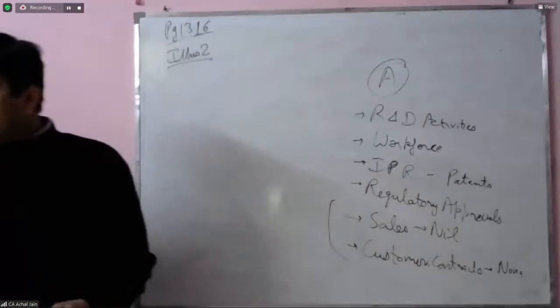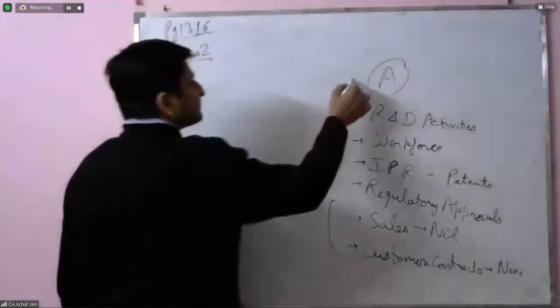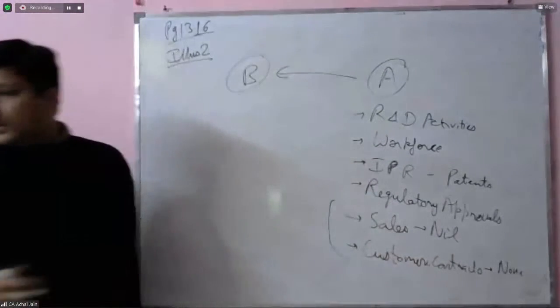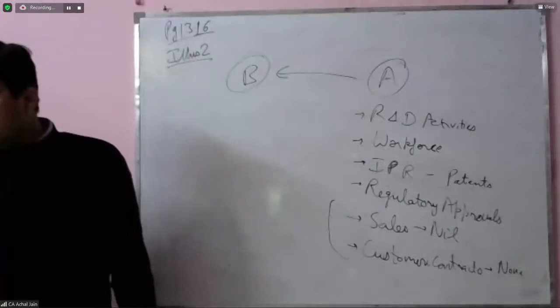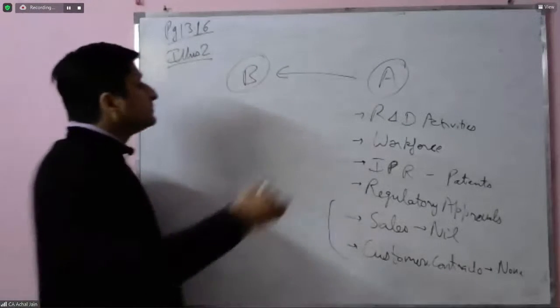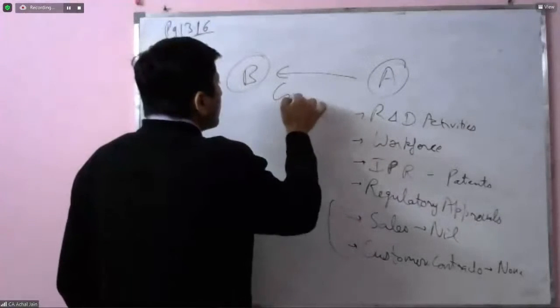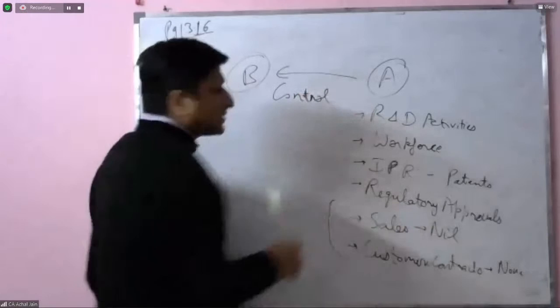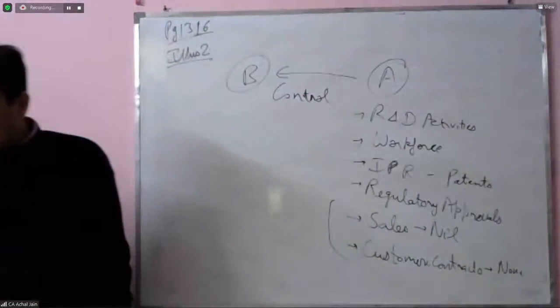Now, sorry, B acquires A. Company B acquires A. And let's assume B gets control over A. Okay, this thing is missing in the question.